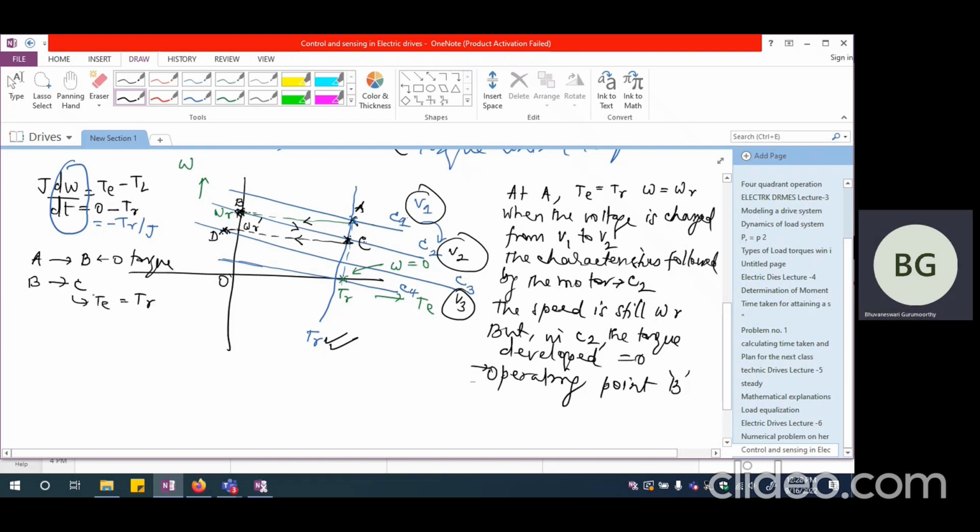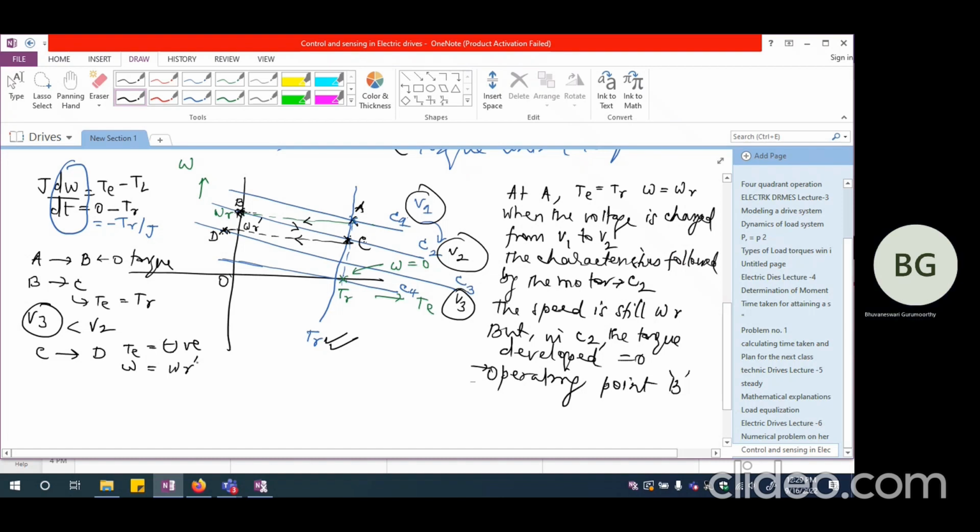And now at C, you are shifting the voltage to V3, which is less than V2. So you are going to see that from C, abruptly the operating point shifts to D, where the torque developed is negative and the speed is still omega R dash.